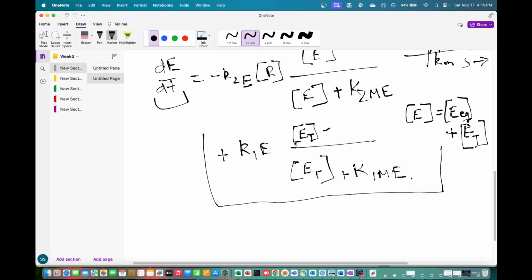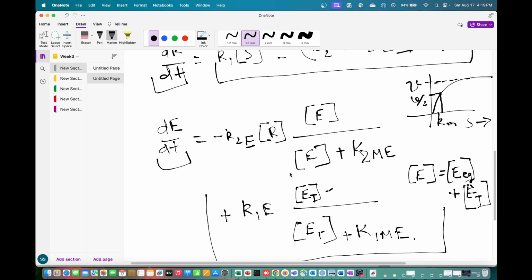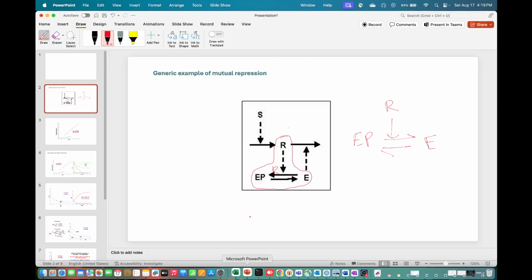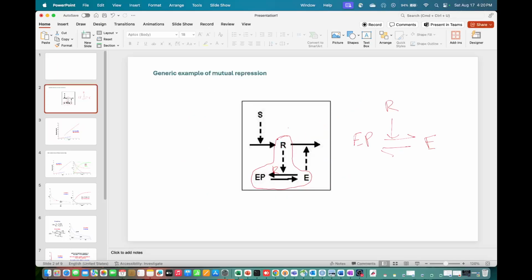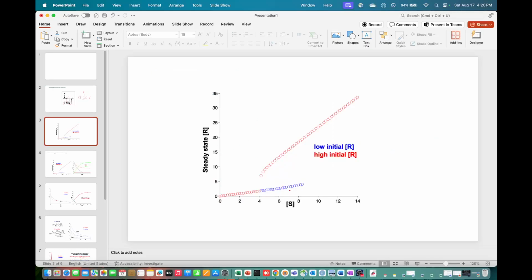Now what happens to the characteristic of this particular network? Let's look at that. If you find the solutions to these particular models and plot the steady state of R versus the steady state of S, just to remember, this is R here and this is S. The steady state of R depends on the initial value of R, right?